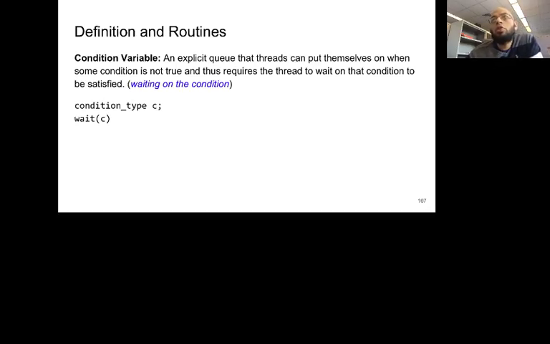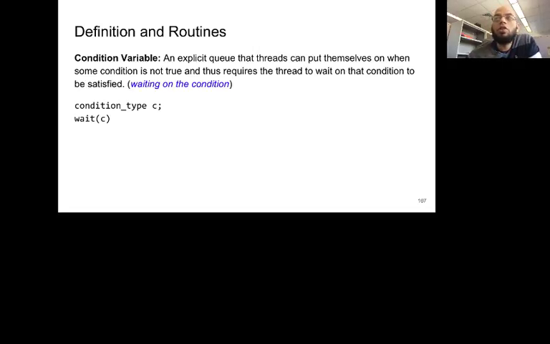Condition variables have a very crisp definition, which is an explicit queue that threads can put themselves on when some condition is not true and thus requires the thread to wait on that condition to be satisfied.